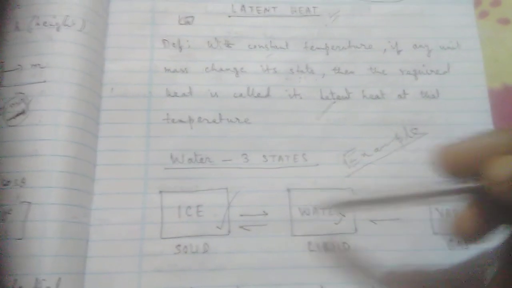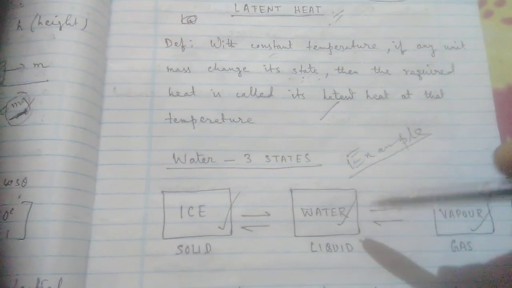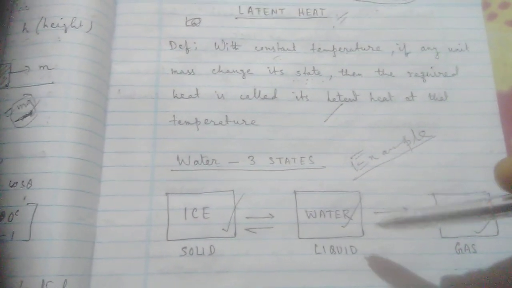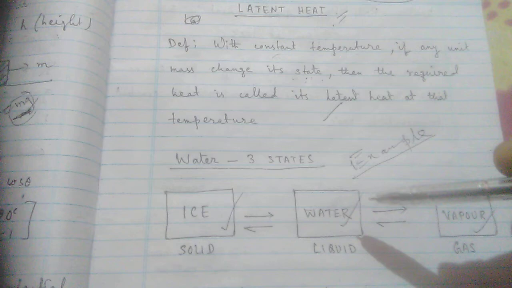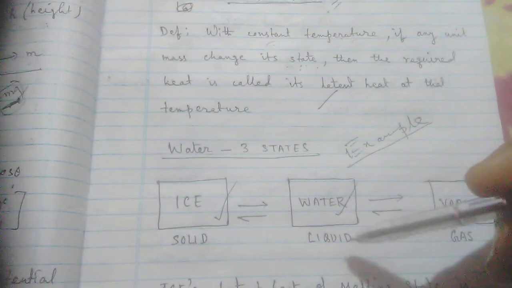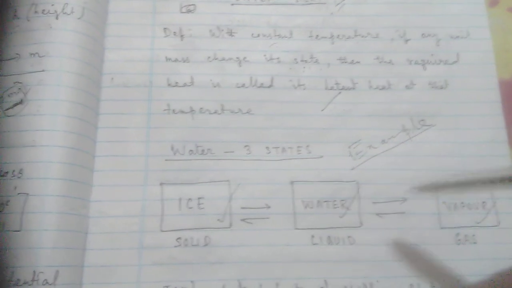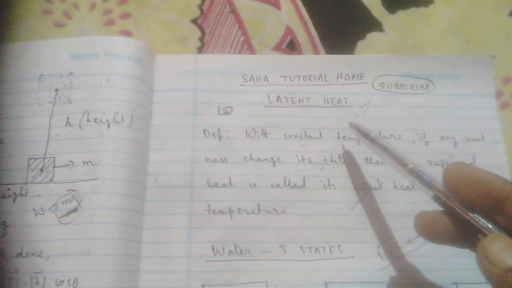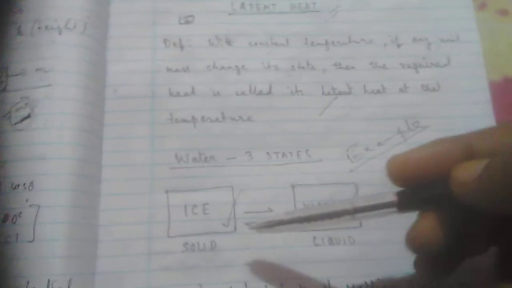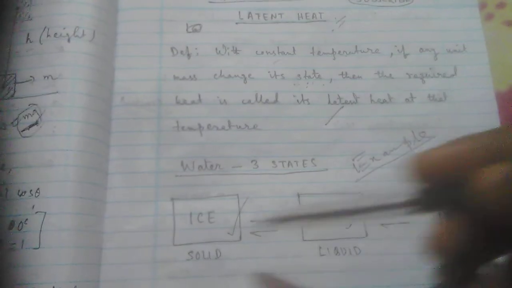These three states can be changed: solid can go to liquid, liquid can go back to ice, or water can go to vapor, or vapor can go back to liquid. The three states can be changed just through latent heat. What are the requirements of latent heat to change these states? Now I will describe this.